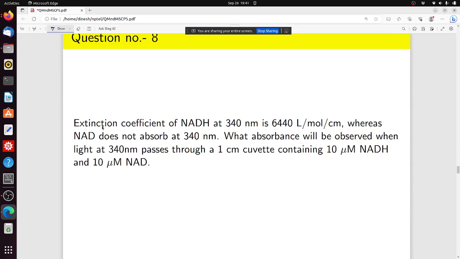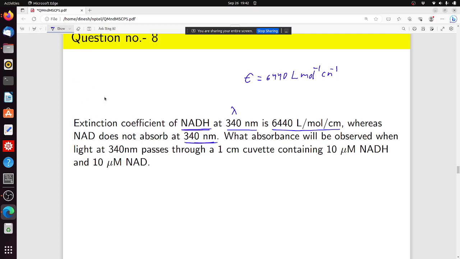Okay, the extinction coefficient of this solution, let's say NADH at 340 nanometer, is this much. So epsilon is 6440 liter mole inverse centimeter inverse. Whereas NAD does not absorb this line.